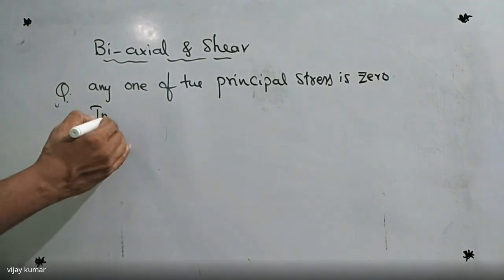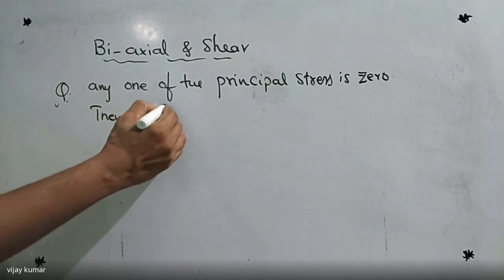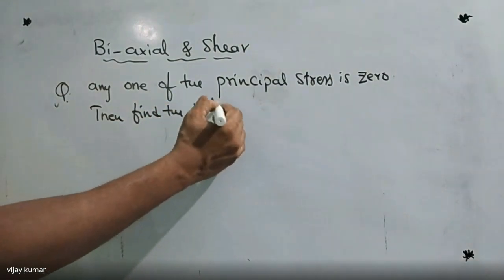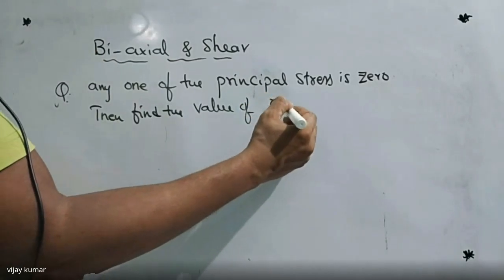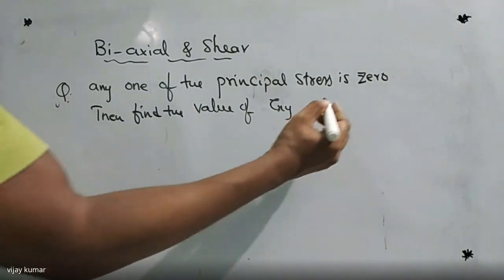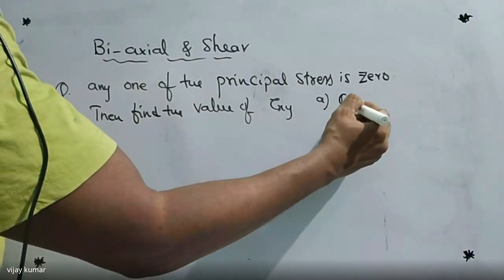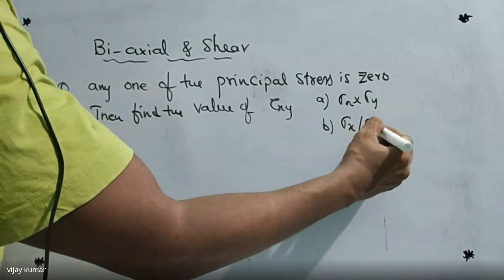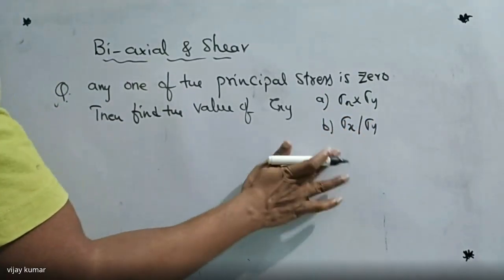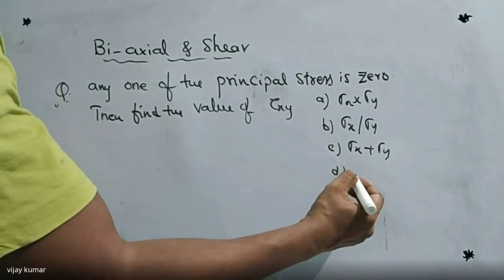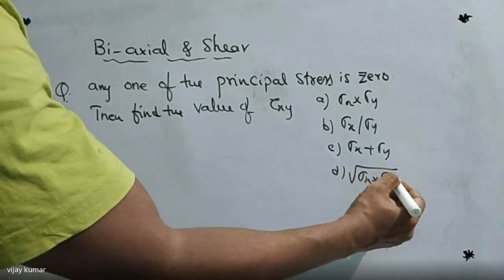Then find the value of tau xy. Four options are given. Option A, sigma x into sigma y. Option B, sigma x divided by sigma y. Option C is sigma x plus sigma y. And option D is the square root of sigma x into sigma y.